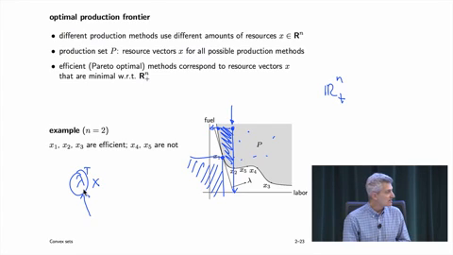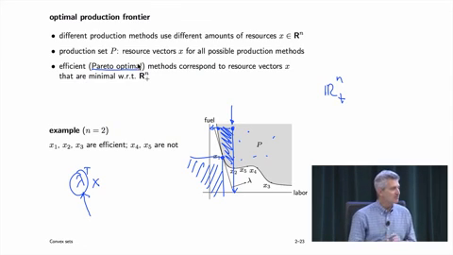Lambda 1 is the price of resource 1, lambda 2 is the price of resource 2, and it says set any prices you like. Find the cheapest production method for those prices, and what's guaranteed is that production point is minimal, or I guess they call it efficient. Pareto optimal is another name for it. We're going to come back to all of these later in the course. So this is just a glimpse at these ideas.